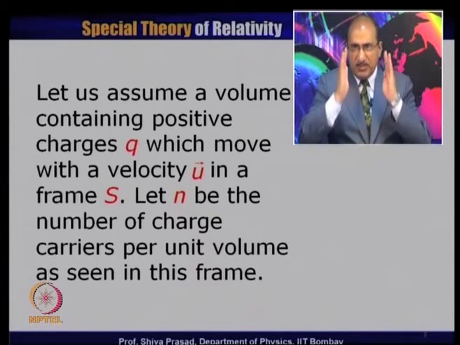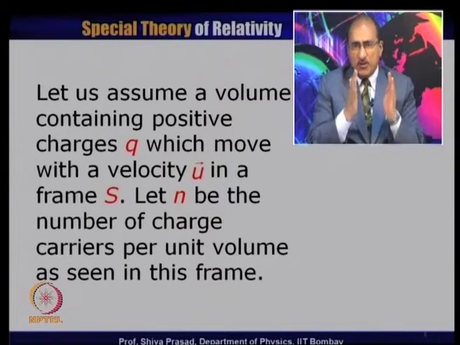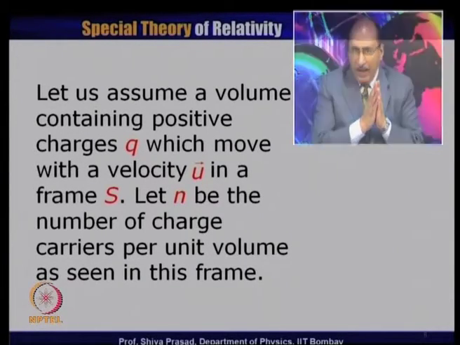There is an observer sitting in the S frame who observes the velocity of the charge carriers to be u, and once he calculates the total charge number density, the number of charge carriers per unit volume, he observes that number to be equal to n.